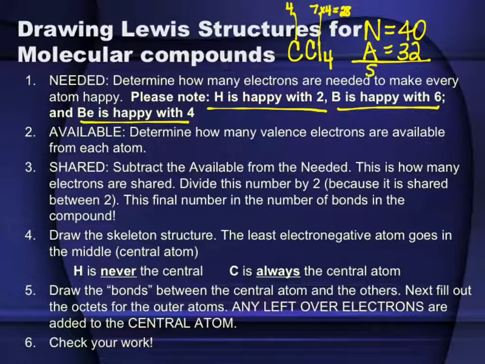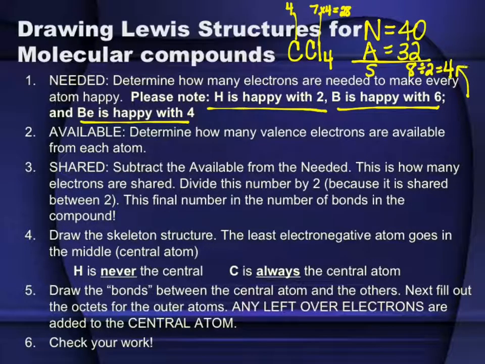So now we're going to see how many of these electrons are going to be shared. We subtract 32 from 40, which is 8. When I'm sharing, it's between 2 atoms, so we divide it by 2. That gives me 4.